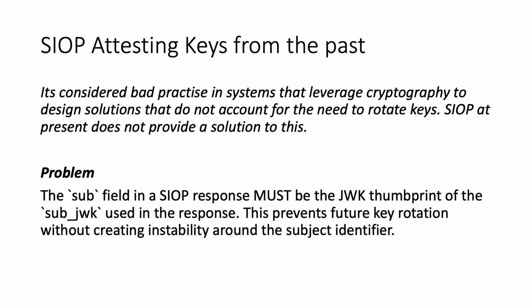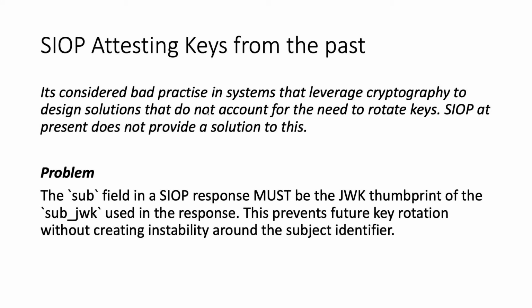A really interesting issue is around attesting keys from the past. So in general, when building systems that leverage cryptography, it's considered bad practice to not account for the need to rotate keys at some stage and encourage long-term behavior and reliance on a single set of cryptographic keys.